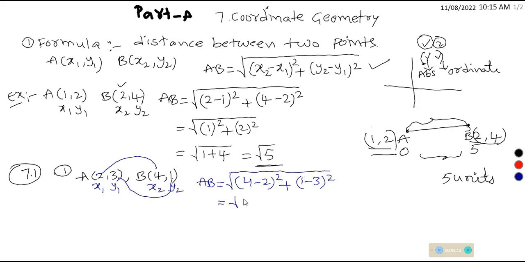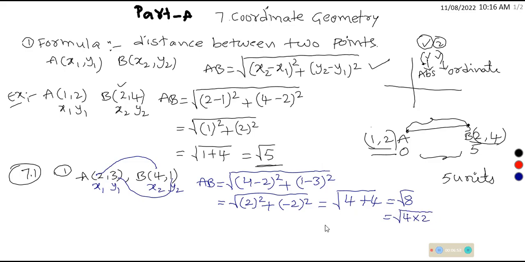Now square root of 4 minus 2 is what? 2, 2 square, plus 1 minus 3 is minus 2 square. Okay, now see, root 2 square will be 4, plus here minus 2 square, this square will come for minus as well as 2, 2 square is 4, minus into minus means plus, so 4 plus 4, 8, so root 8. Now we can write this root 8 as 4 into 2.